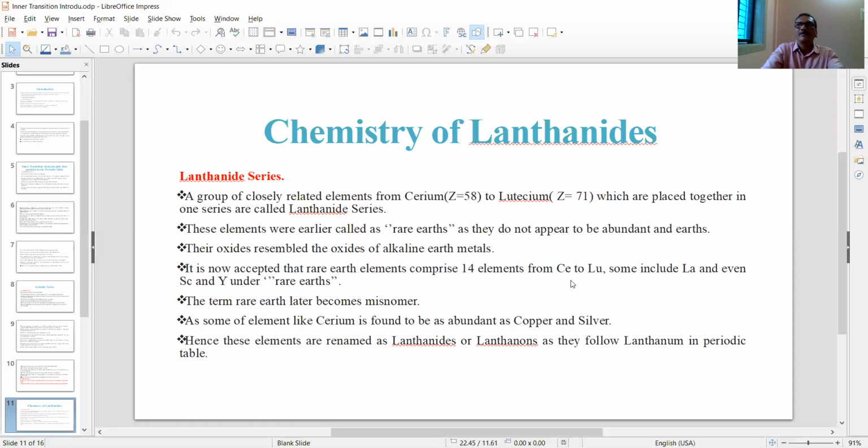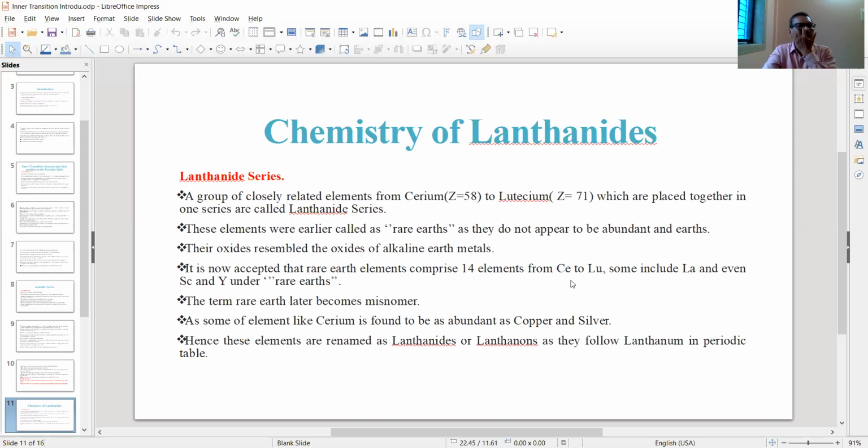So why are the elements called rare earths? Because they are found rarely, they are not abundant. But it is found that some of the elements like cerium are as abundant as copper and silver. Also, the other elements like lutetium, from the lanthanum group, and even scandium, from the group including yttrium and others.